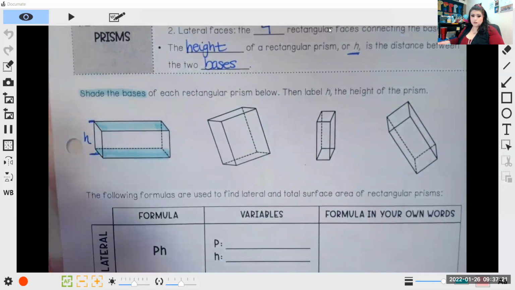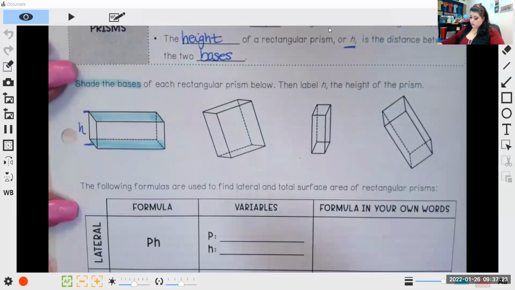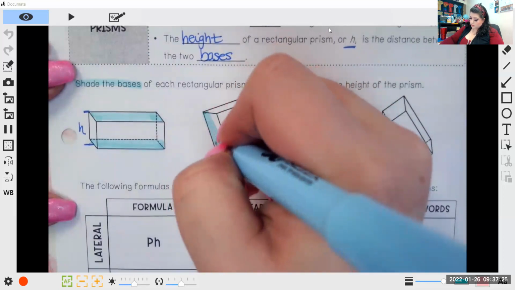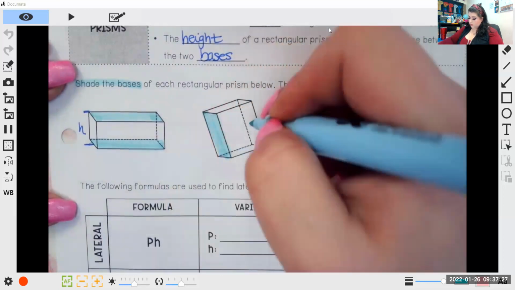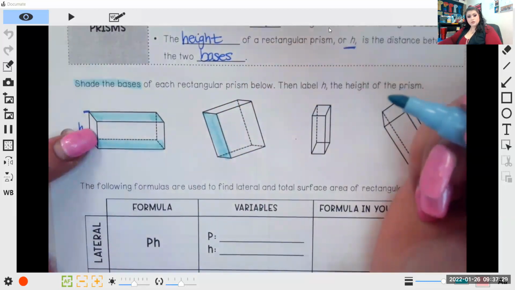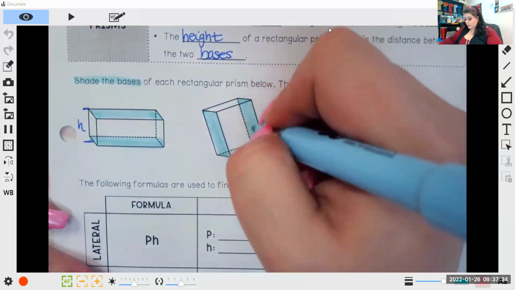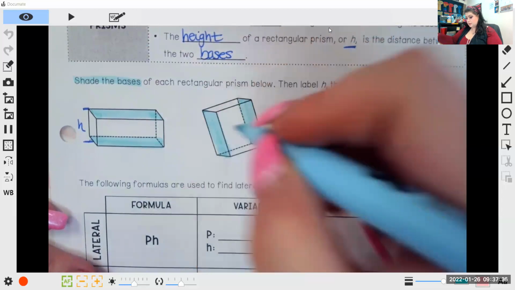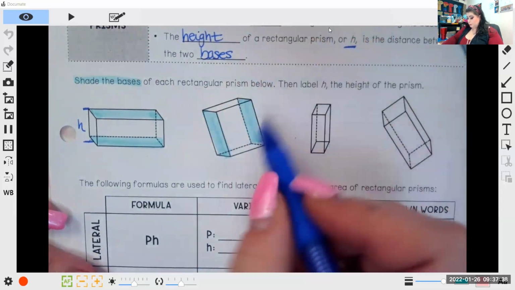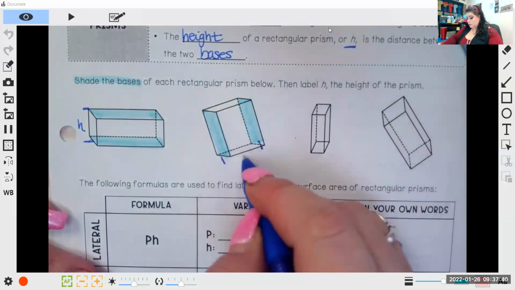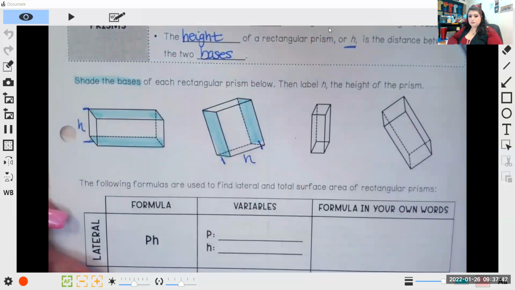Let's look at the next one. I'm going to do the sides here because if I turn this to the side, this is still my base to base. And base to base will be your height.